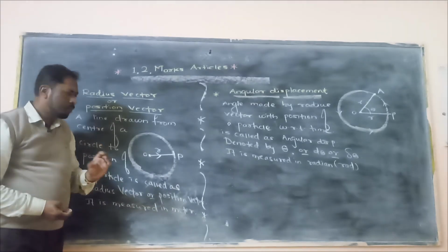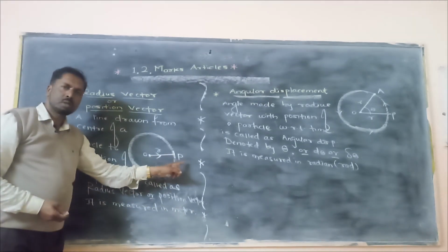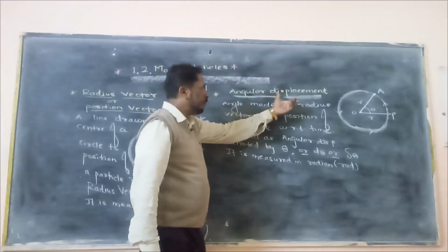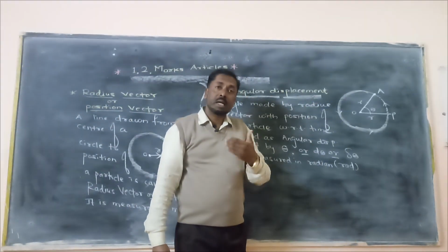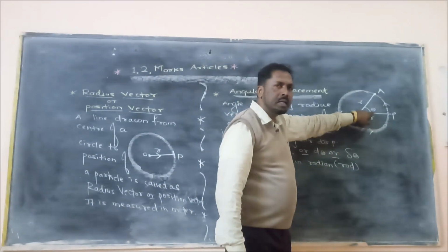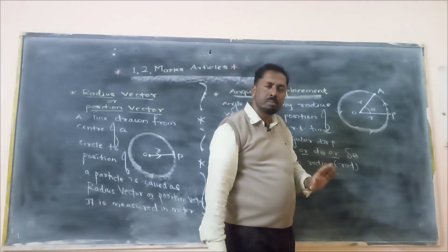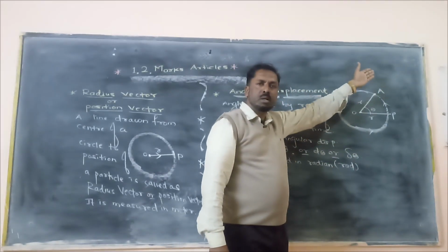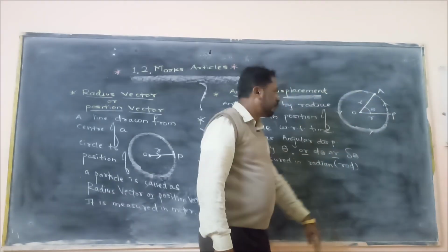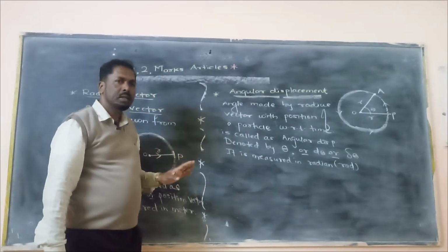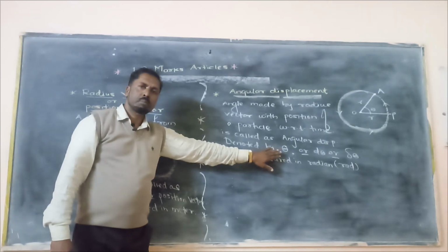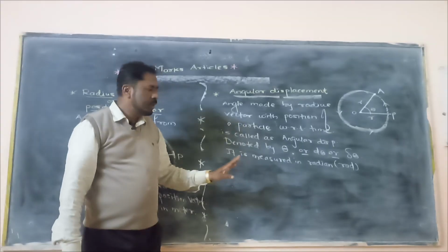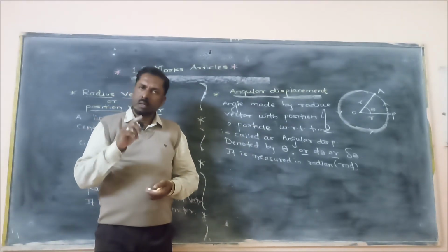That line is called the radius vector or position vector. What do we understand by angular displacement? The angle made by the radius vector with respect to position of a particle or with respect to time is called angular displacement, generally represented by theta, sometimes d theta or delta theta, and it is measured in radian.